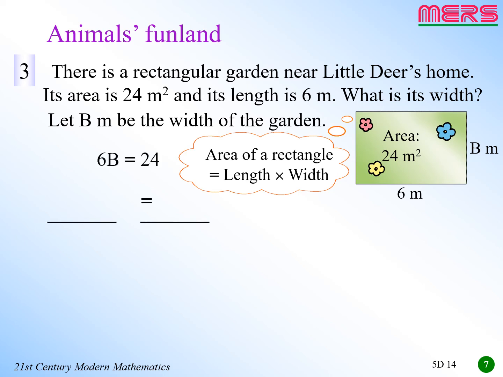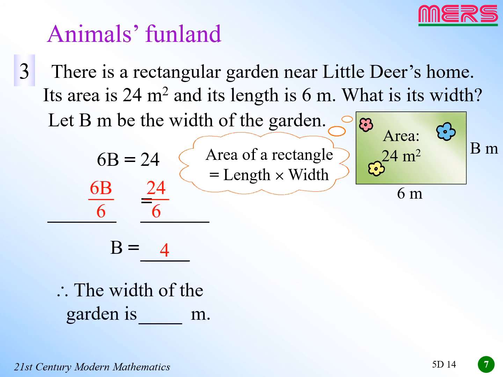And then you make the equation. 6 times b equals 24. When you write the equation, we will not write down the multiplication sign. So it is 6b equals 24. How can you solve this equation? You divide both sides by 6. So b is 4.